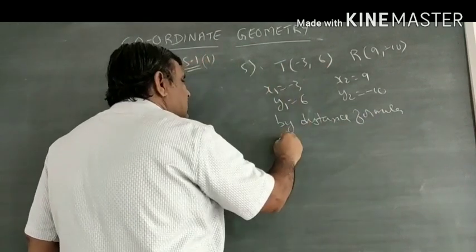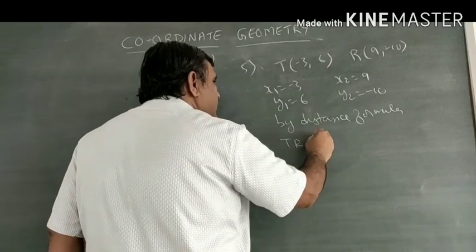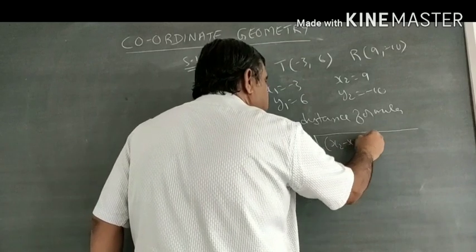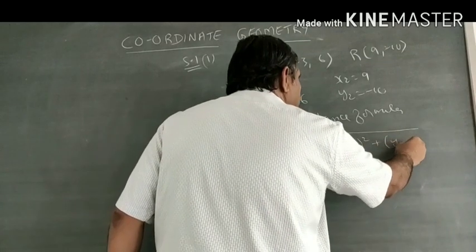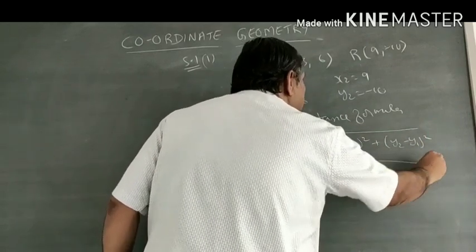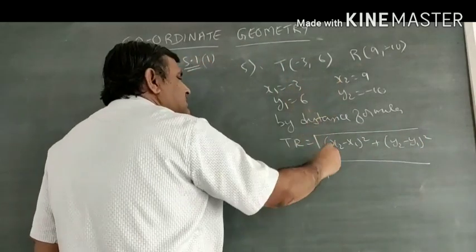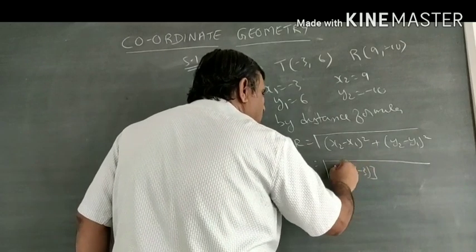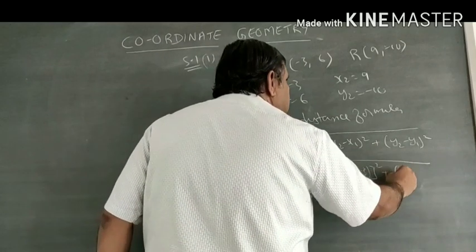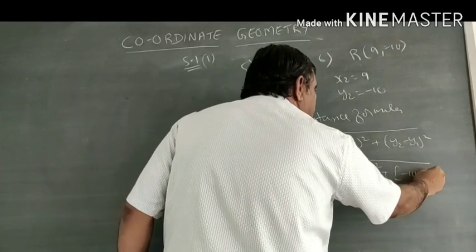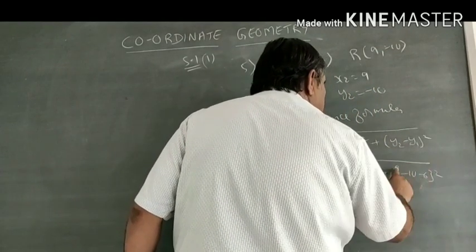the distance TR is equal to under root x2 minus x1 square plus y2 minus y1 square. It is equal to under root x2 minus x1 means 9 minus minus 3 square plus y2 minus y1 means minus 10 minus 6 square.